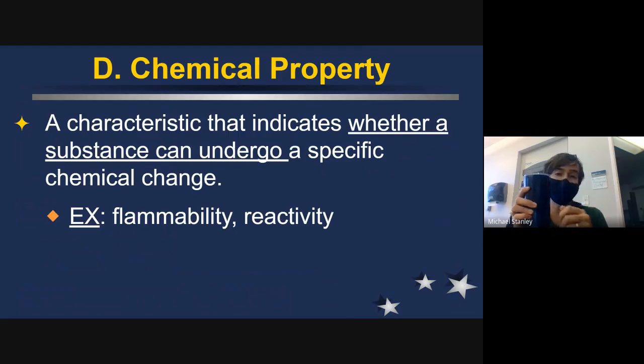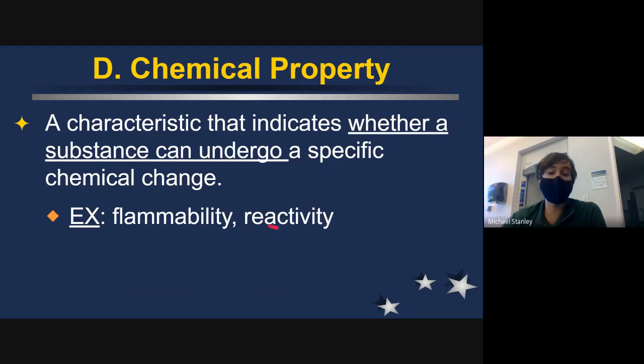It is very, very difficult to light this guy on fire. So wood and gasoline have a high flammability, a high chance of catching on fire. So that's one of their chemical properties. Chemical properties of metals, like this cup right here, is that they are very unlikely to light on fire.